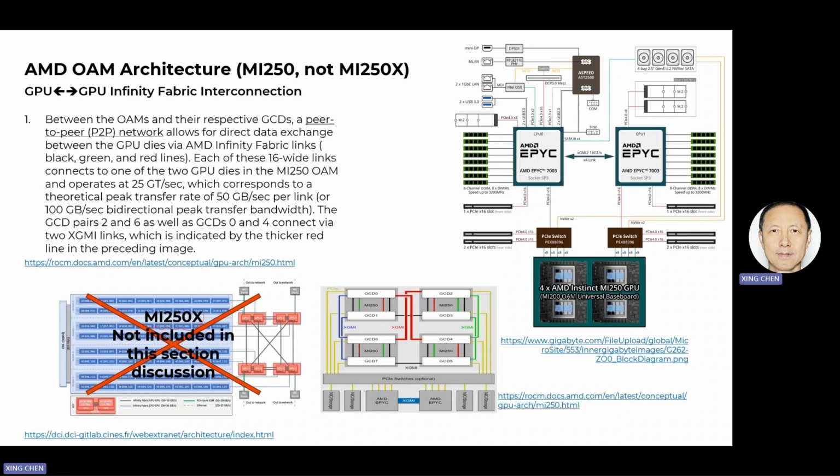This is the reference architecture published by AMD. If you have 8 GPUs, the 8 GPUs are interconnected with each other by XGMI links. In fact, XGMI link is the Infinity Fabric from AMD. They don't have the same kind of switch like the NVLink switch, but they use these links to connect the GPUs together.